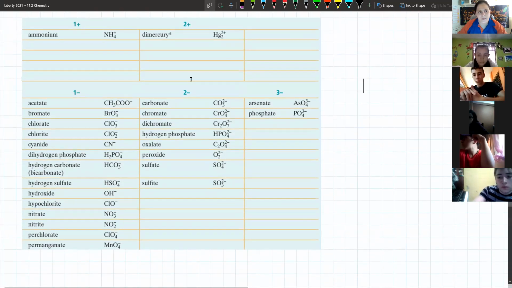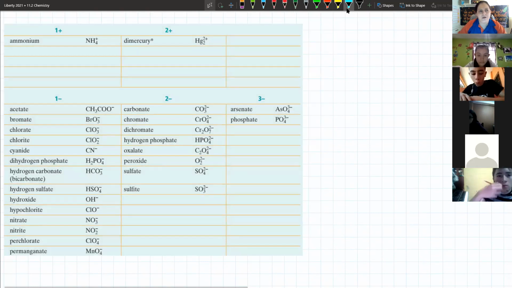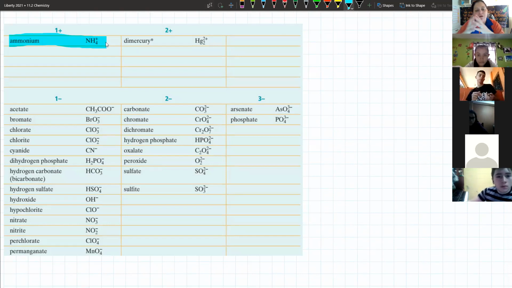Now I'm going to work with ammonium, and I need 3 volunteers to choose 3 polyatomic ions from the columns below, 1 from each column.